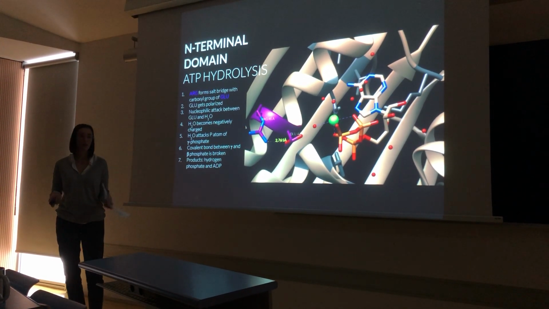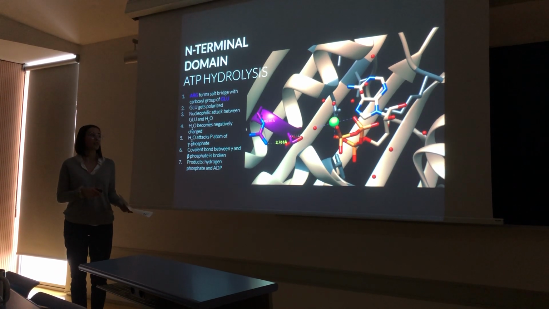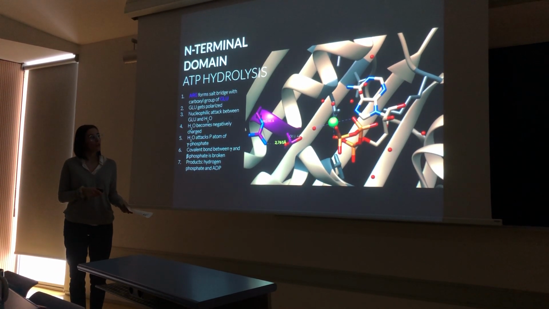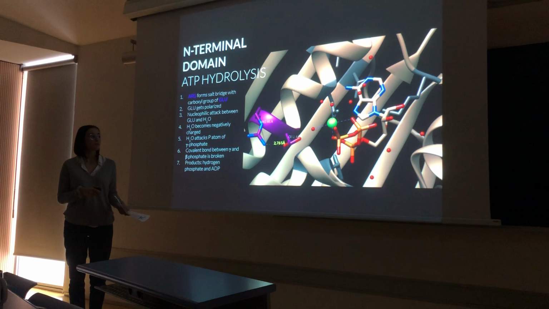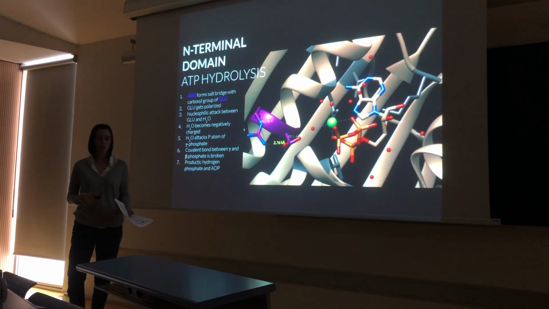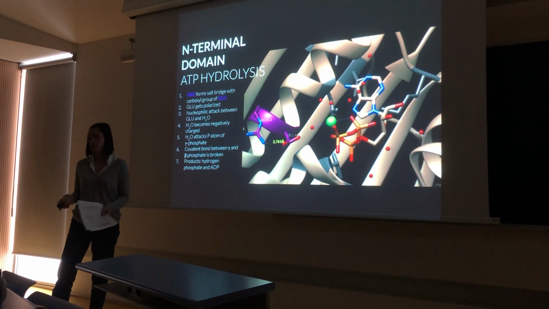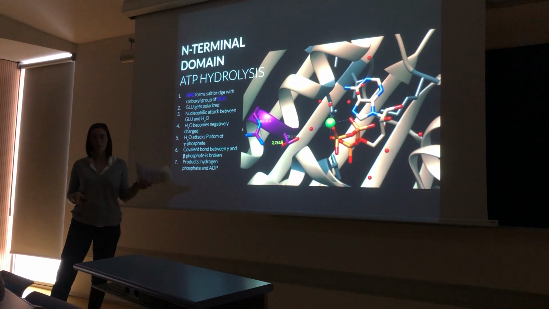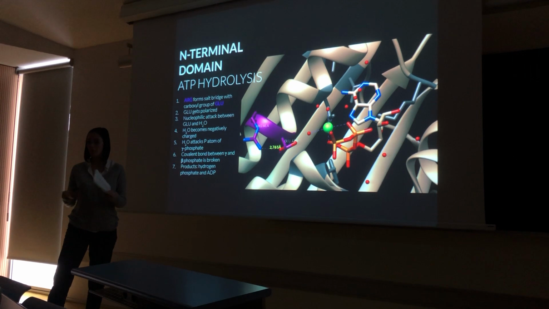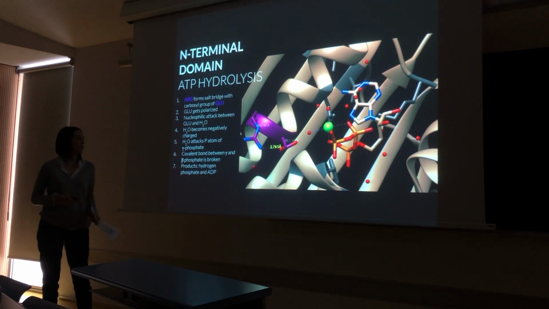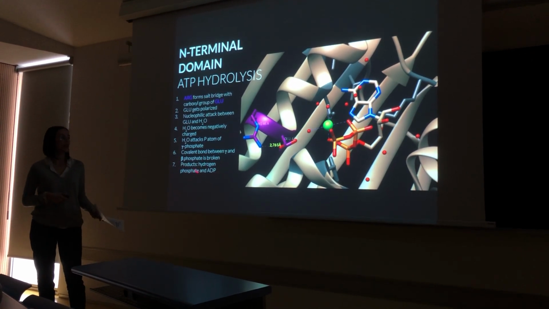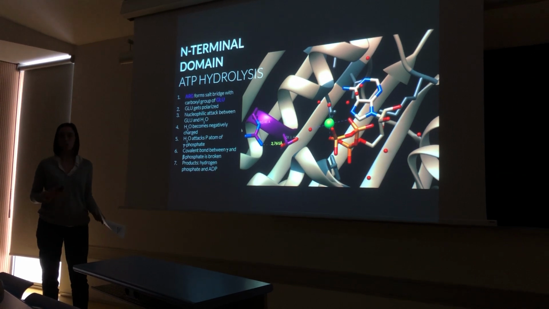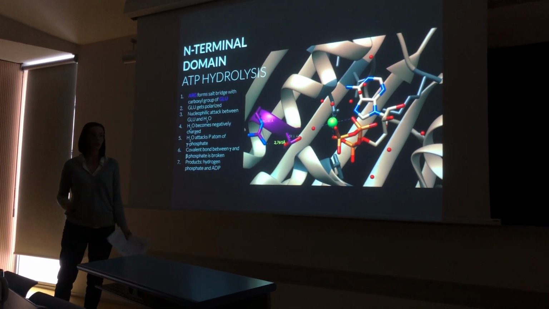This water molecule, therefore, will be charged negatively and will nucleophilically attack the phosphorus of the gamma phosphate group. So the covalent bond between the gamma phosphate group and the beta phosphate group will be broken, and we will have our products, which will be hydrogen phosphate and ADP. And these will take part in the conformational change.